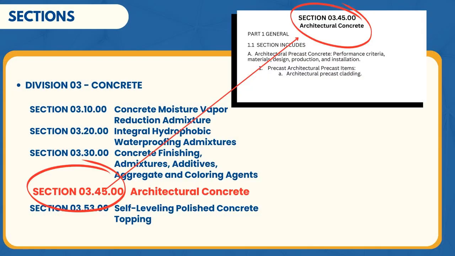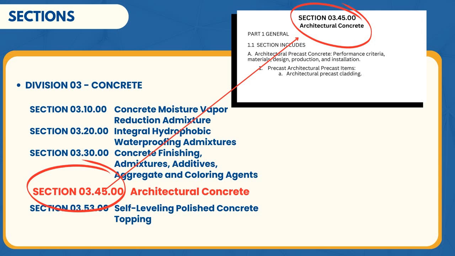In each division, we're going to have sections. And so in that concrete section, where we know there's different types of things that we deal with in concrete, including the waterproofing products that we're going to be focused on, architectural concrete versus structural concrete, the different admixtures that are in concrete, sometimes instead of just piling all of that information into one division, we'll go ahead and separate that division into different sections.